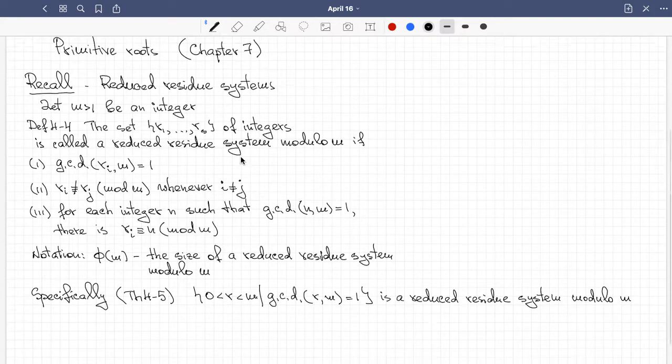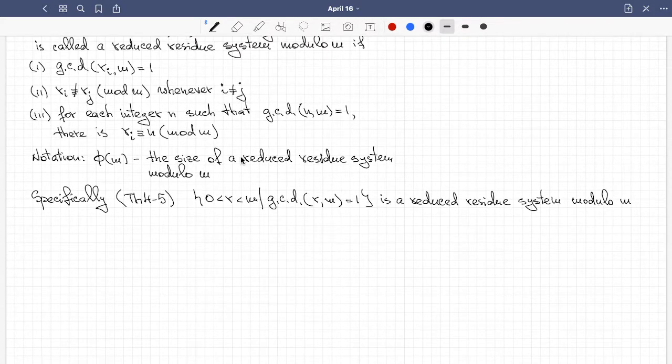We start with an observation about a possible operation with elements of a reduced residue system.